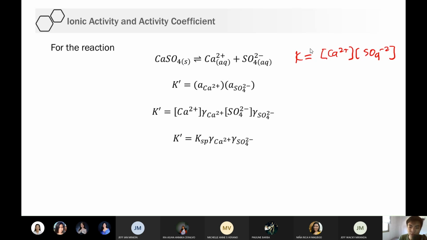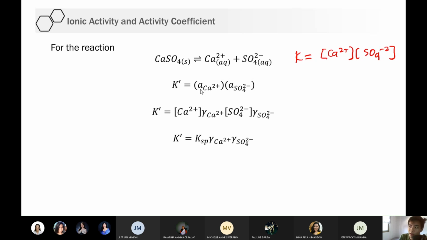So this is the conventional way of writing the equilibrium constant. But now, since we have to take into account the effect of the other ions, we use K prime. So K prime makes use of activities instead of concentration.